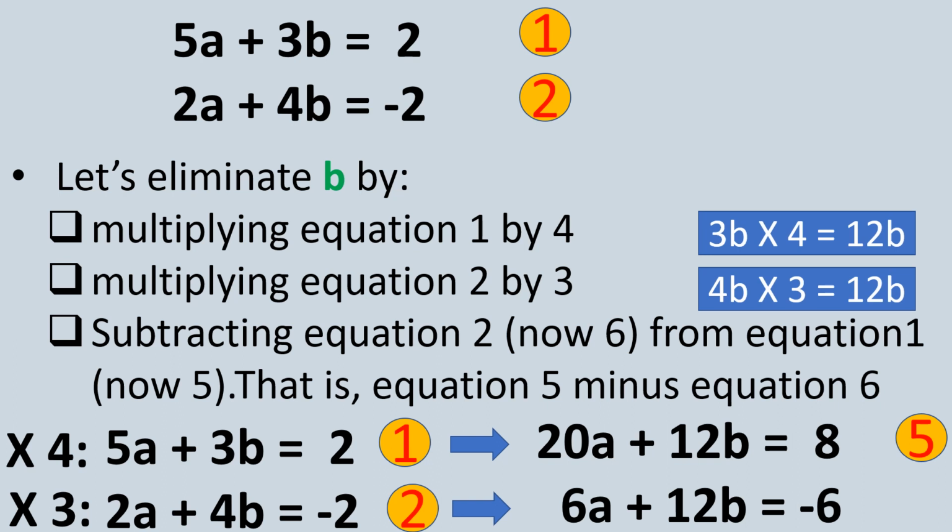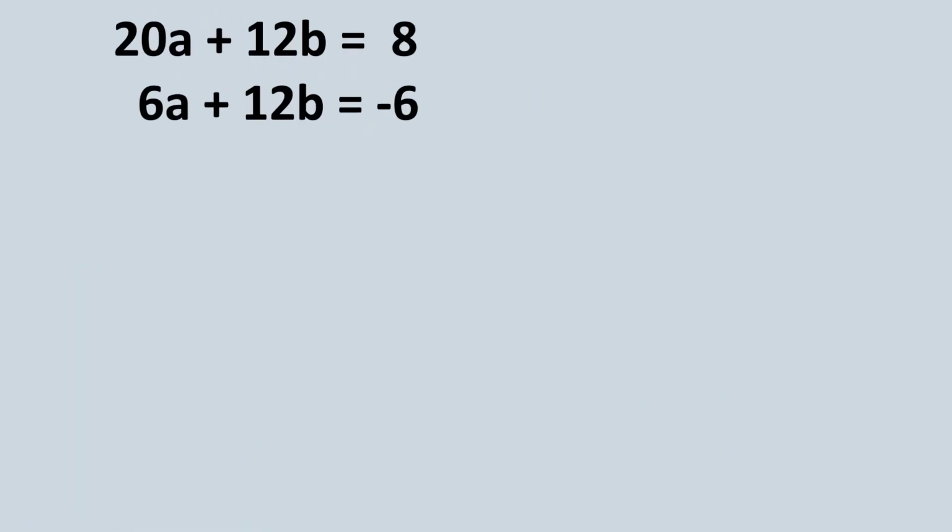So we now have equations 5 and 6. We are calling it equations 5 and 6 because we don't want to repeat any other numbering that we've had in the previous solution. So now that we have a transformed equation, equation 5 and 6, we can simply say equation 5 minus 6.